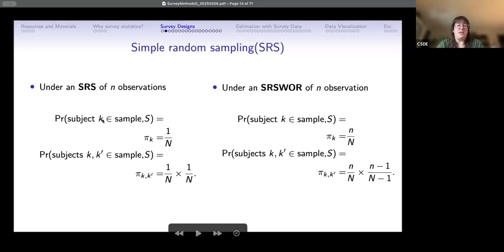So if we have subject k and we want to know the probability that subject k is included in sample s, we might denote that pi k, that's usually what people would call it, and that would just be 1 over big N, right? The probability that any marble gets in my sample, if every time I draw a marble I put it back in the bucket, is just 1 over the number of marbles in the bucket.